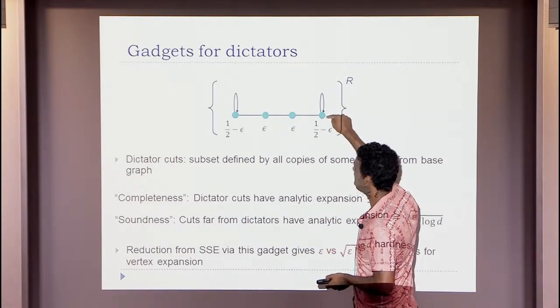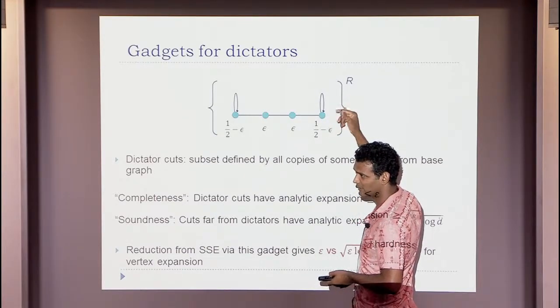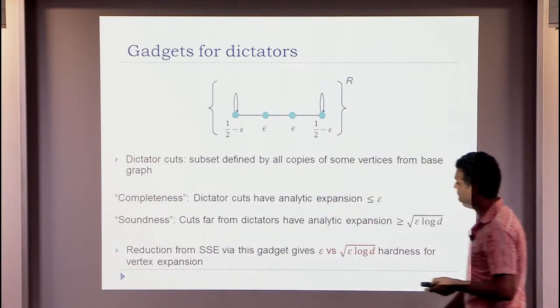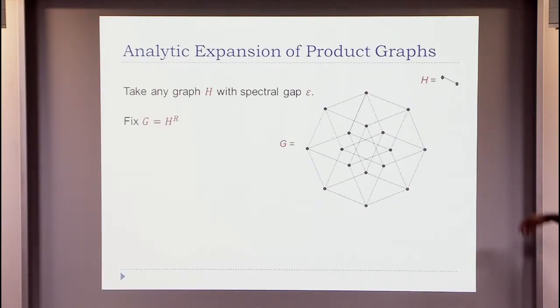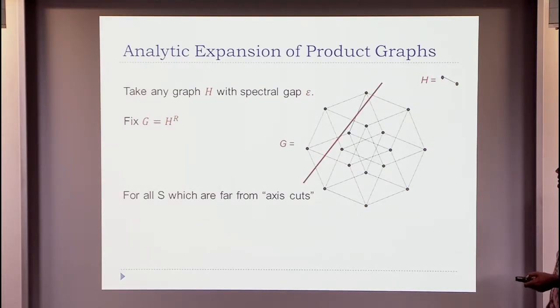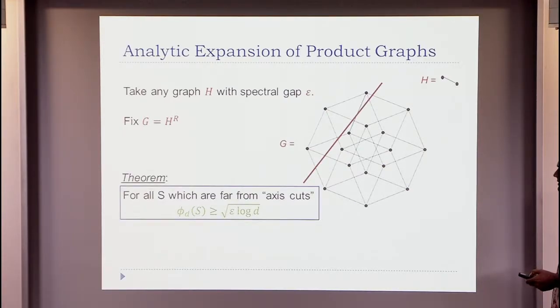This power determines the degree here. So it's just an example with H being a single edge, a cube. And basically the difficulty is to try to show that for all subsets which are far from axis cuts, the expansion is large.